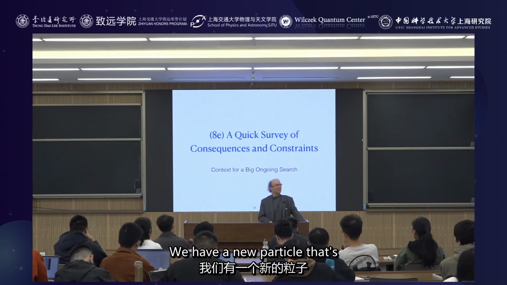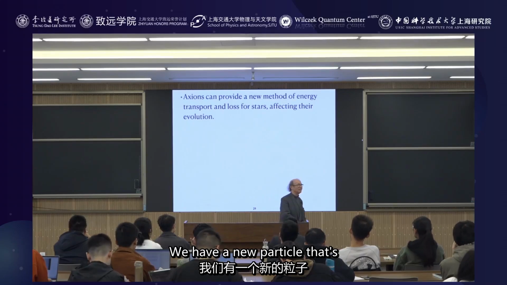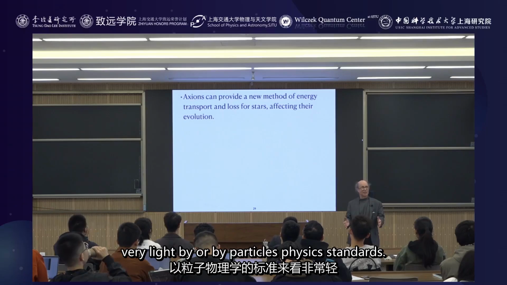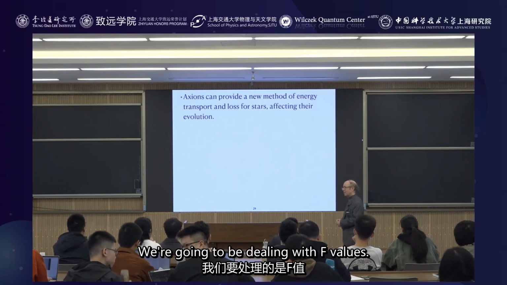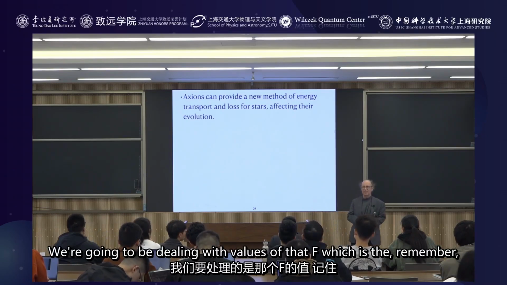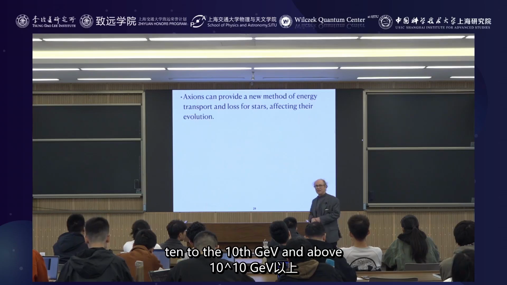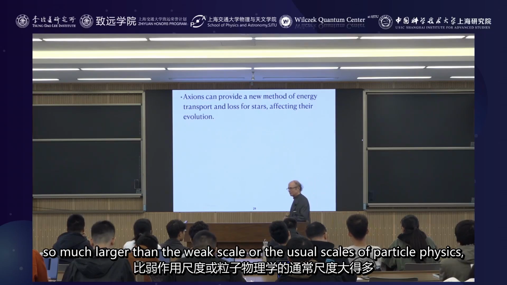So we have a new particle that's very light by particle physics standards. We're going to be dealing with F values, you'll see why momentarily. F, remember, is the symmetry breaking scale, of order 10 to the 10th GeV and above. So much, much larger than the weak scale or the usual scales of particle physics.